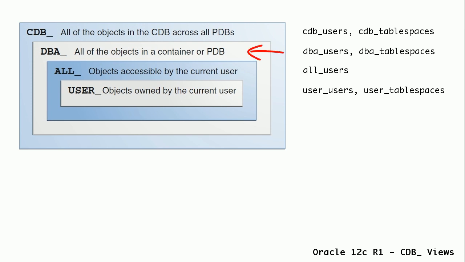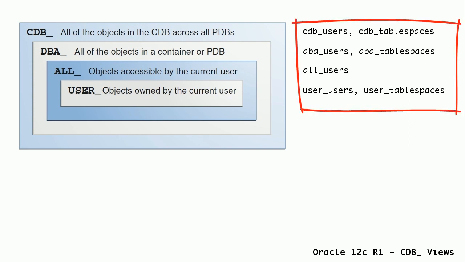DBA_views display metadata for objects in a specific container or pluggable database. ALL_views display metadata for objects accessible by the current user. USER_views display metadata for objects owned by the current user. Here are a few examples of these views.